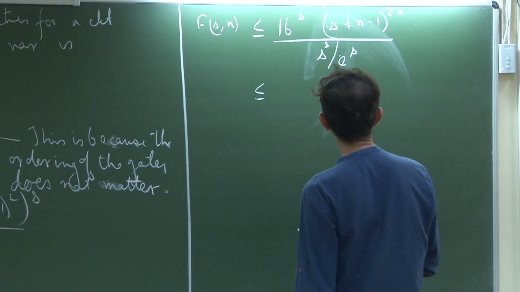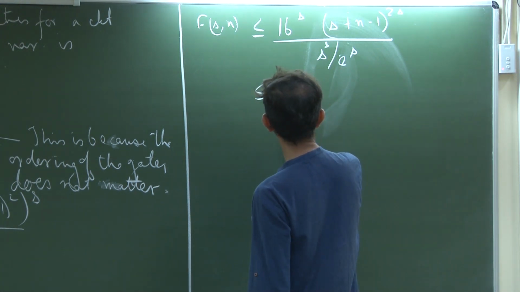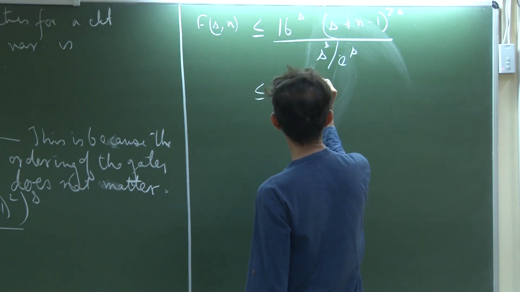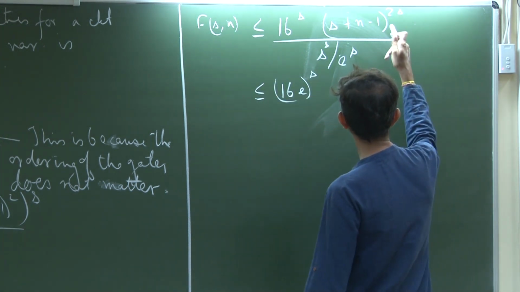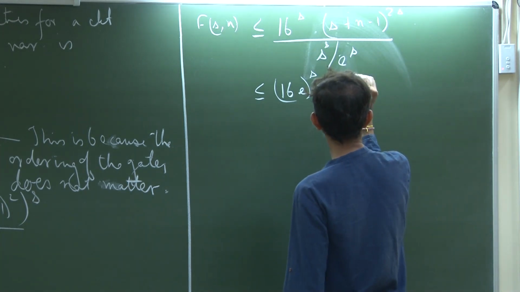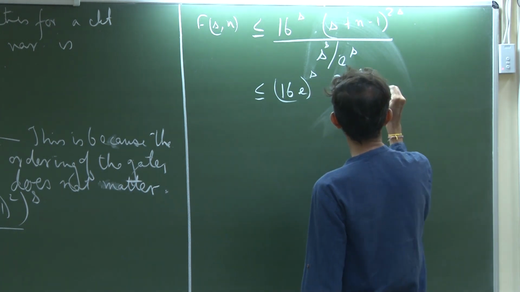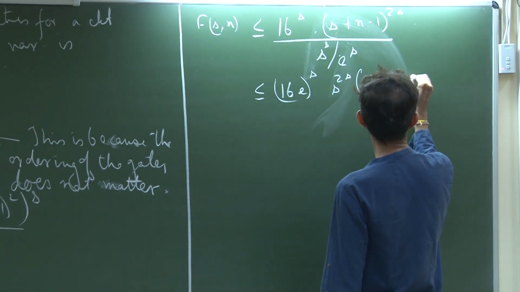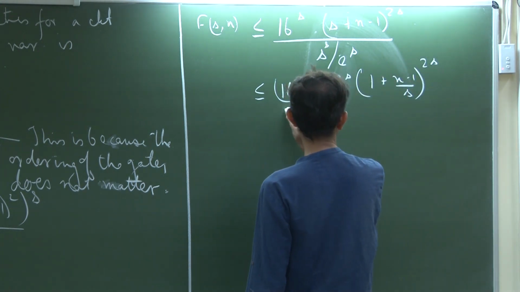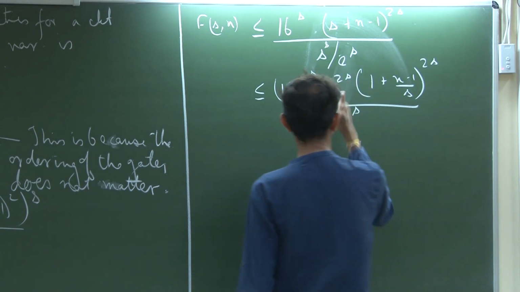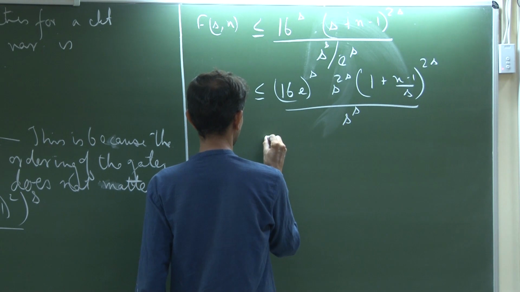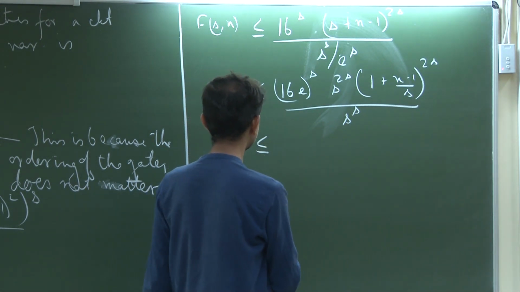So, I can write this as 16 e whole to the power s. I will take this s outside. So, this becomes s to the power 2s times 1 plus n minus 1 over s, to the power 2s, divided by s to the power s. So, this 2s and s cancel out, and we get s to the power s over here.